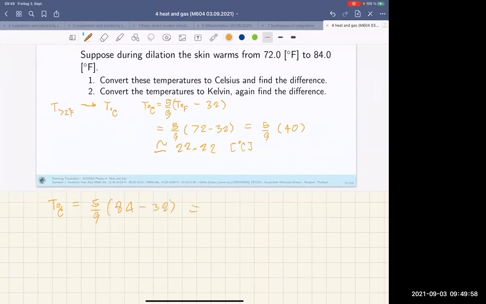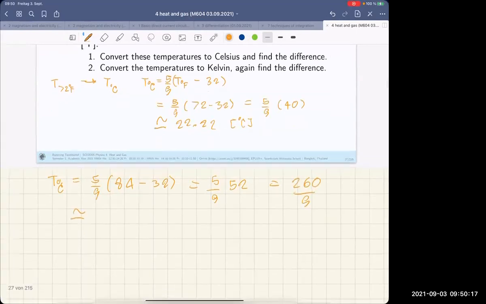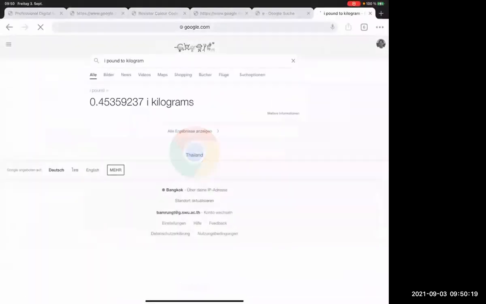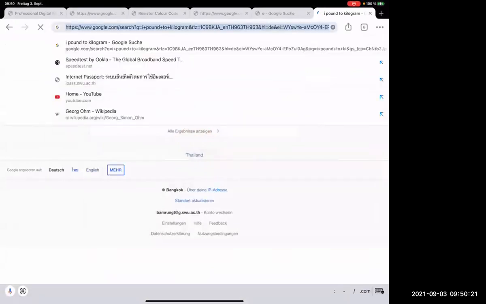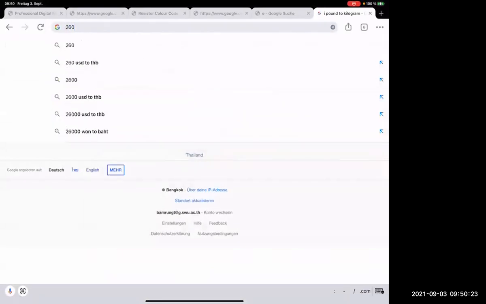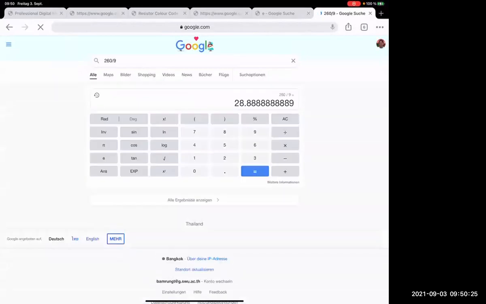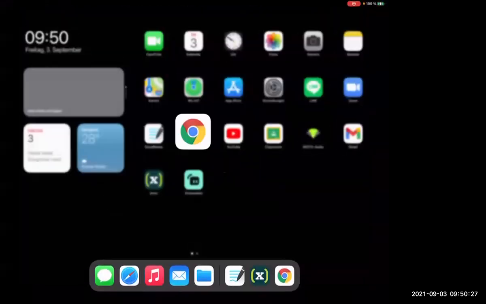It's going to be 5/9 times 52, and it's 260/9. Let's use this one: 260/9 is 28.88.